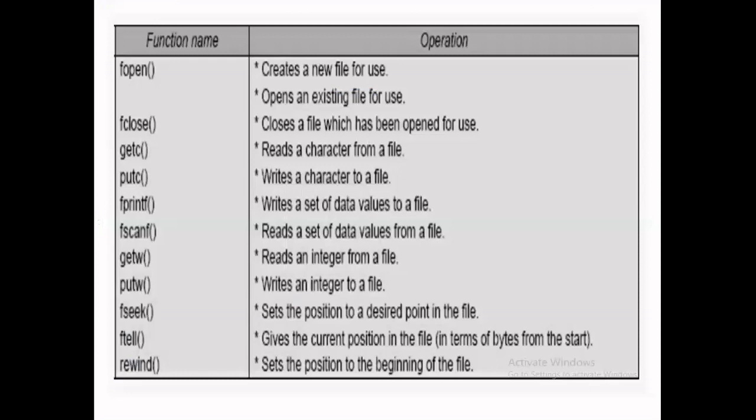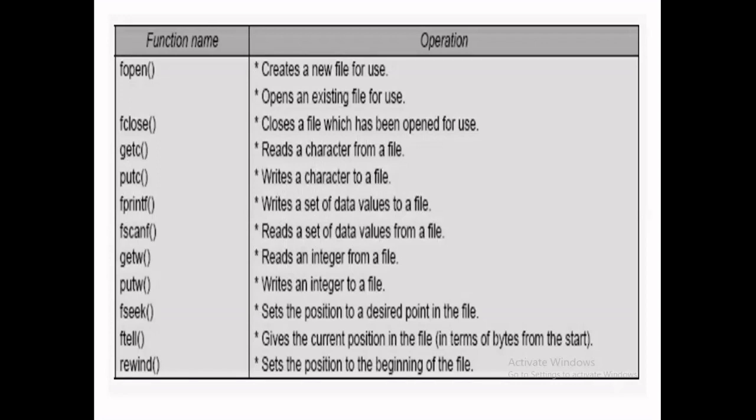Fseek means it sets the position to the desired point. Desired point means if I want to read the file from starting to ending, I can put the pointer at the starting level, or otherwise I will put the last level. Next, ftell gives the cursor position in the file. Next, rewind. Rewinding is a sequential operation.